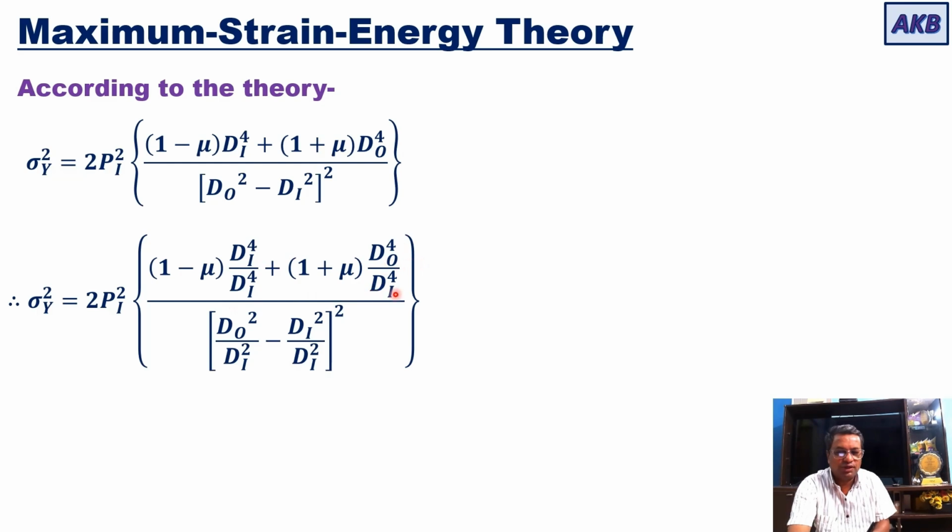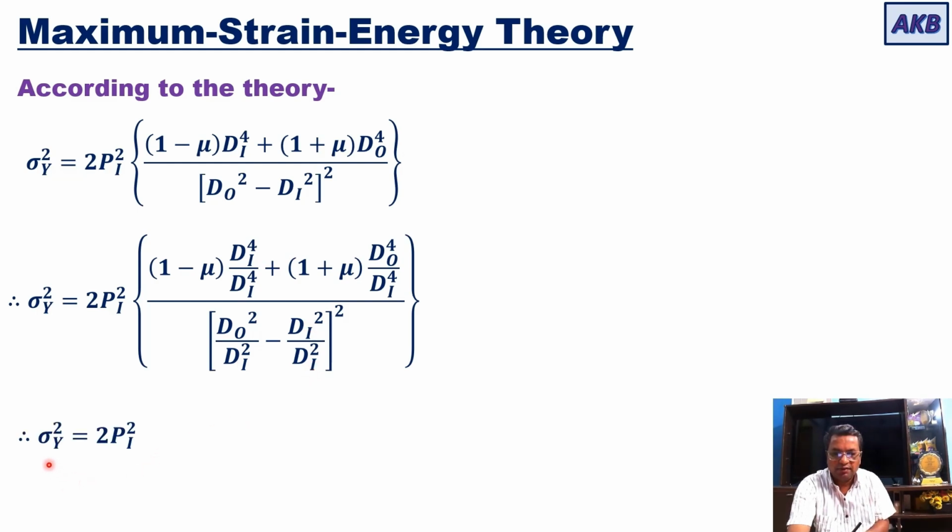Do raised to 4 upon di raised to 4 will be k raised to 4, because if I replace do upon di with k, it will be k raised to 4. Similarly, here it will be k square, and di square upon di square will become 1.